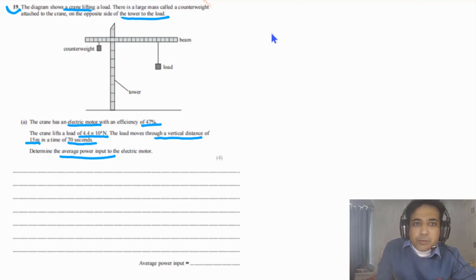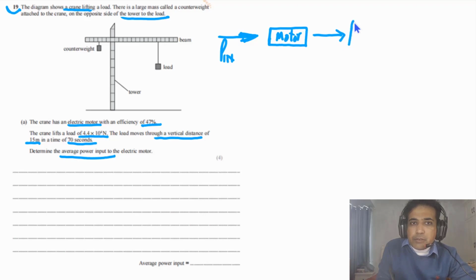So for this question, first of all, you need to understand, imagine that this one is the electric motor. So we can say this one is the motor. There is a power input, so we can say this is P in. This one has certain efficiency, and we will get P out.